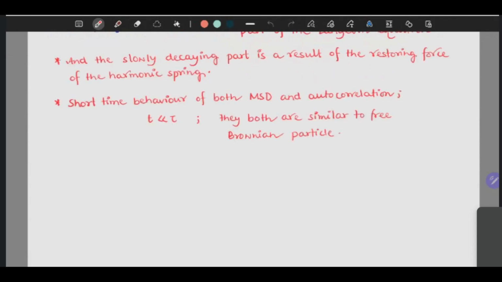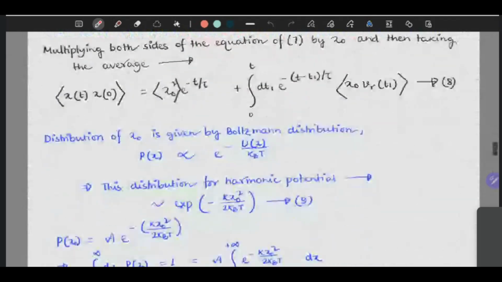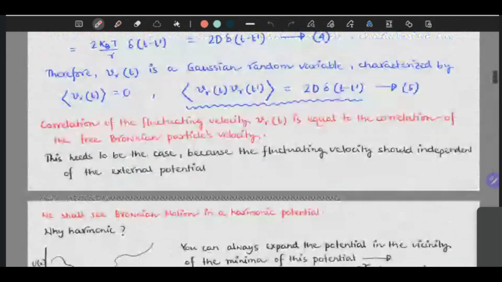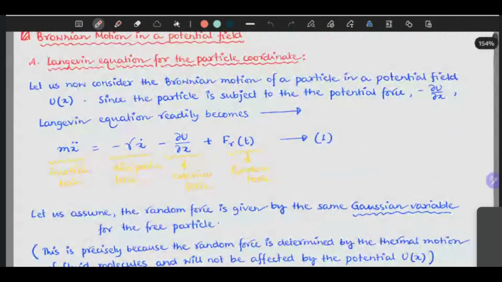So last time what we did, we calculated for a harmonic potential. So we introduced this external force due to the external potential that is being added. So this is the inertial term, this is the random force, this is the dissipative term, and this is the external force.